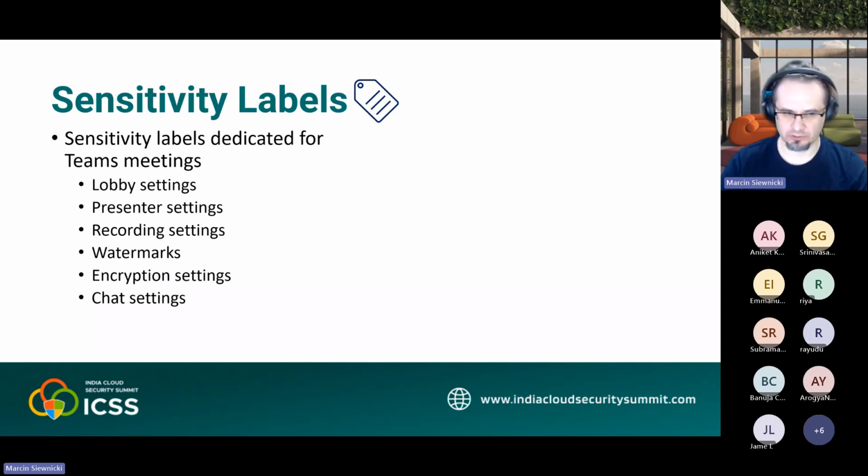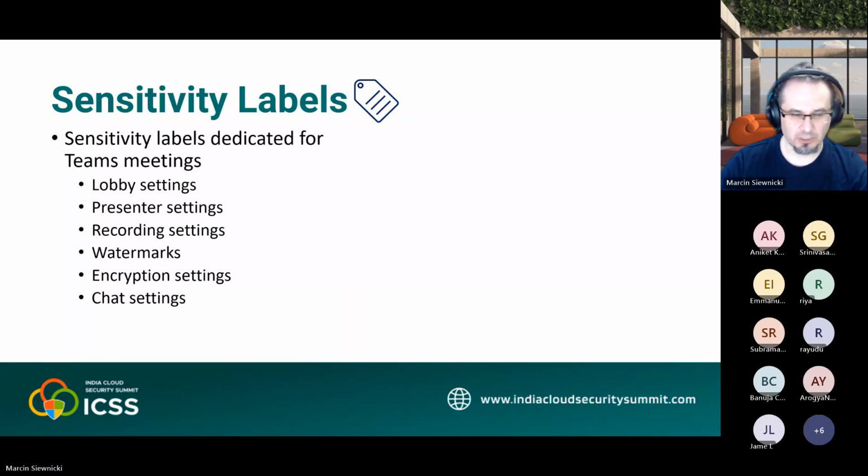For example, you can specify if encryption is enabled, enable watermarks, configure recording settings, maybe configure some additional information from the sensitivity label, such as watermarks on shared documents, forwarding emails, invitation emails, etc. So you can configure a lot of features for your Teams meetings and stuff around Teams meetings.